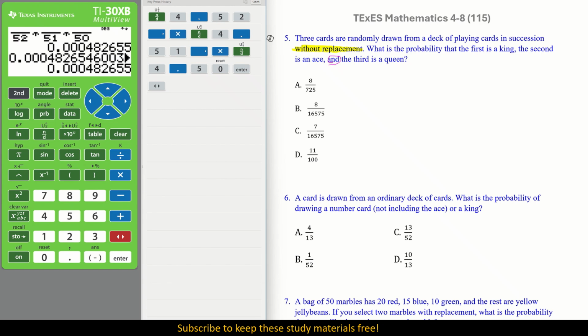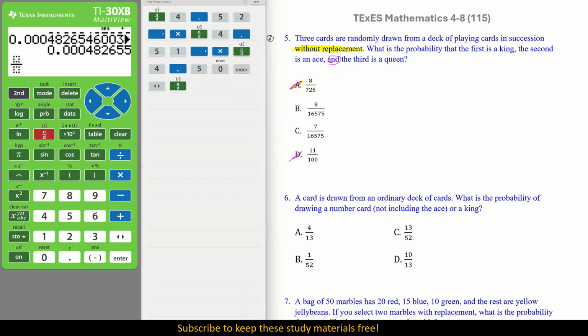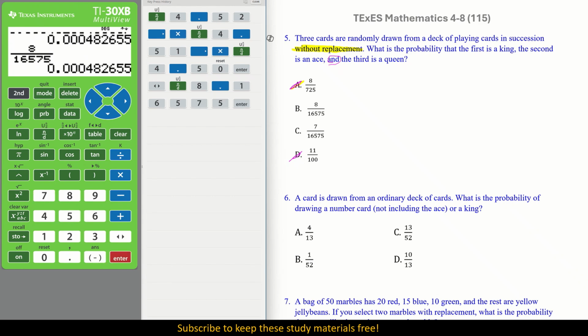So that excludes A and D. My calculator can handle those. So let's try B. Set your fraction up, and we have 8 over 16575. Push enter. And that is the exact same decimal. So I'm going to say option B.